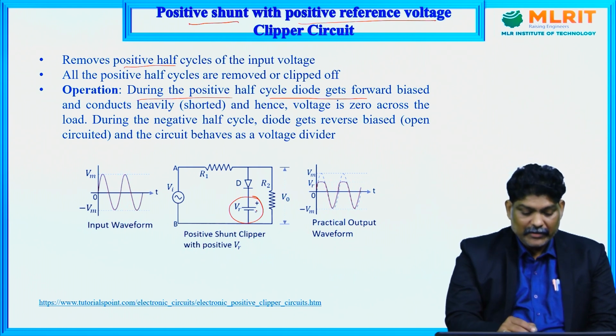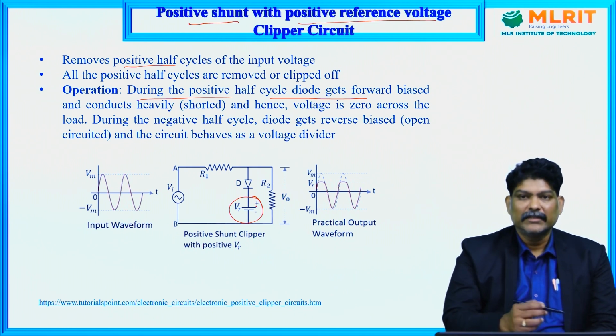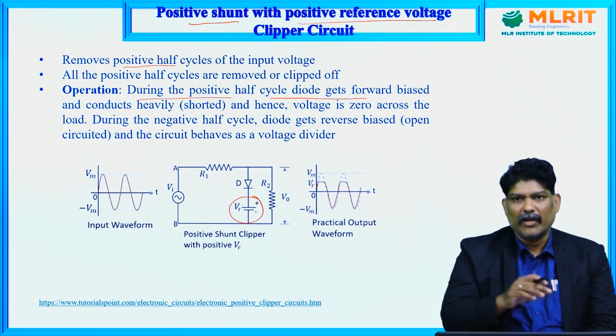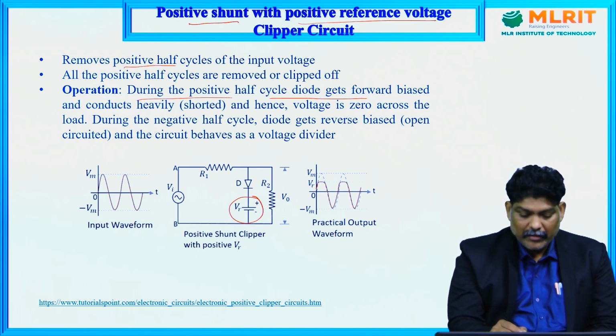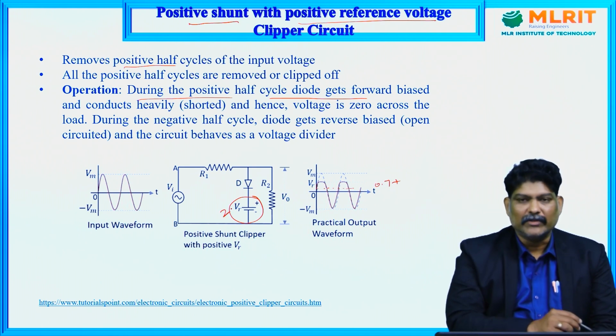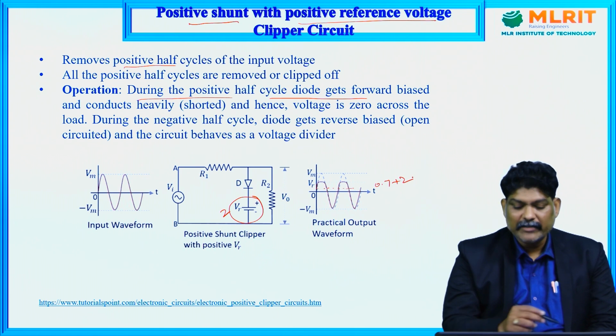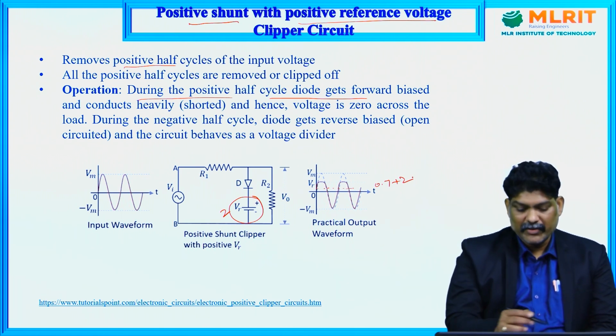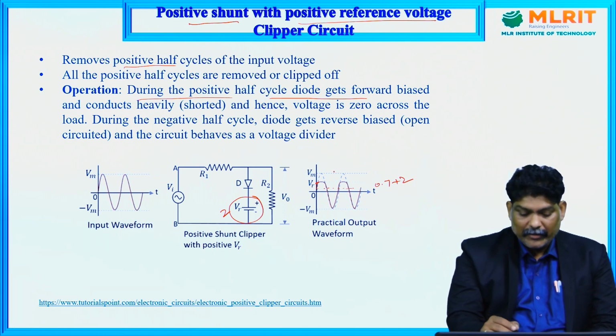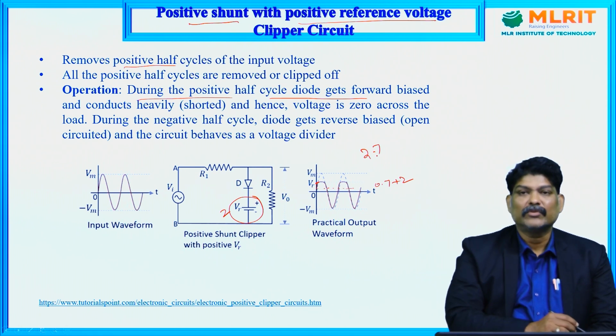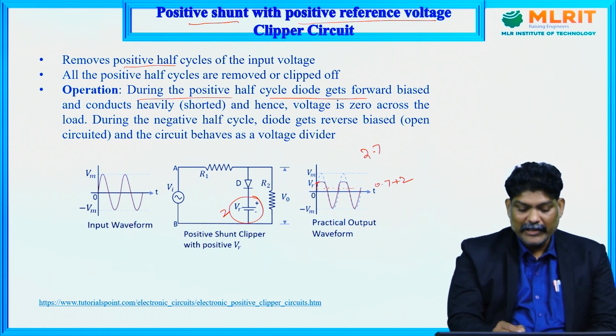Whenever you have a positive reference voltage, it will be added and then that portion will be clipped off or removed. So here initially we have the cut-in voltage 0.7 plus the reference voltage. For example, this is 2 volts. So 0.7 plus 2 volts will be clipped off. That means VR will be 2.7. So a total of 2.7 will be clipped off.